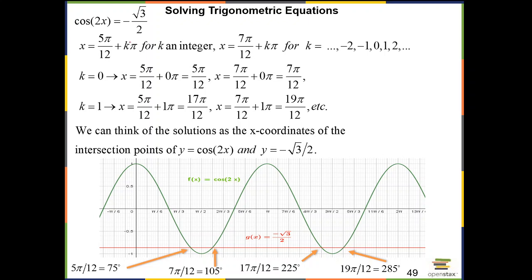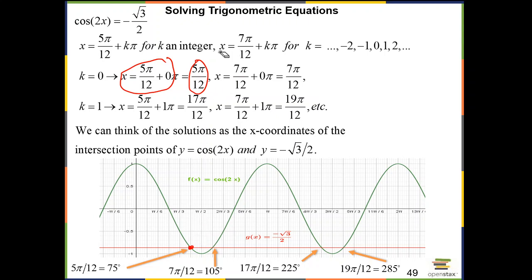So if you want to find some specific solutions, well, we have to let k be different numbers, and for every k we find a solution. Now if you let k be 0, from this equation we get 5 pi over 12, which is over here. 5 pi over 12 is 75 degrees. That's one solution. The solution is the value of x, which is 75 degrees, or 5 pi over 12.